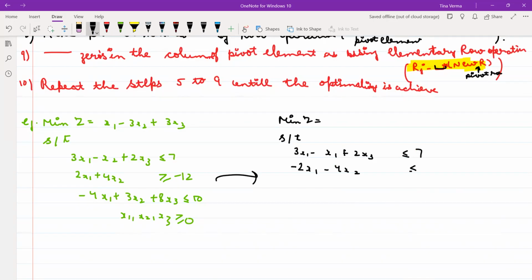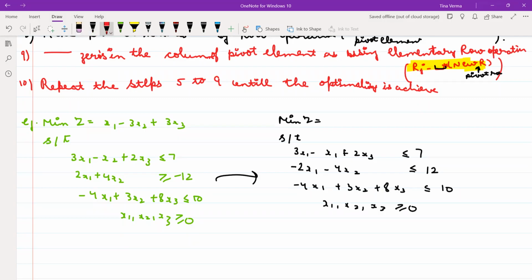So my inequality will become 12 minus 4x1 plus 3x2 plus 8x3 less than equal to 10 and x1, x2, x3 all are greater than equal to 0. Is it in my standard form? No, because standard form says there should be equality in all the constraints.